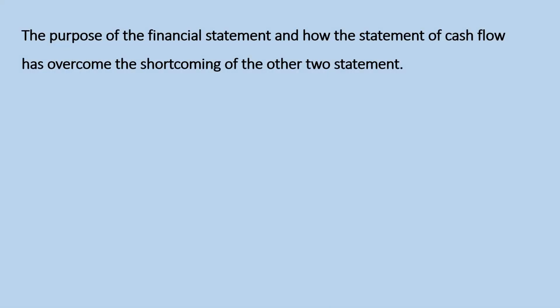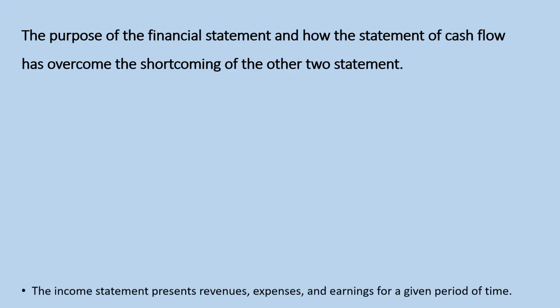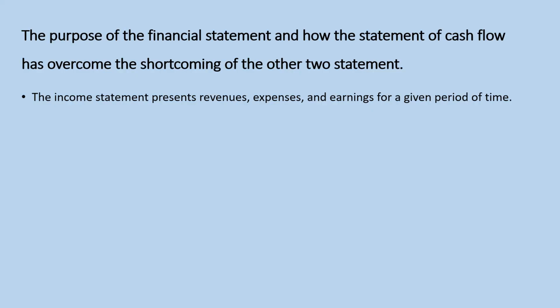Now let's see the purpose of the financial statements and how the statement of cash flow has overcome the shortcomings of the other two statements, that is, the income statement and the statement of financial position. We know that the income statement presents the revenue, expenses and earnings for a given period of time.